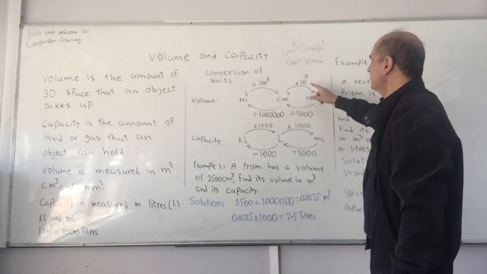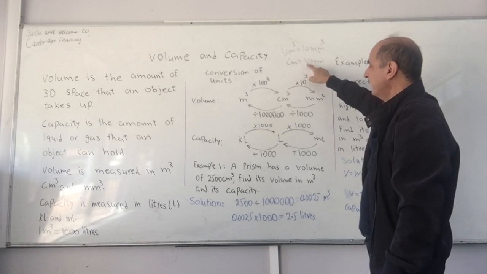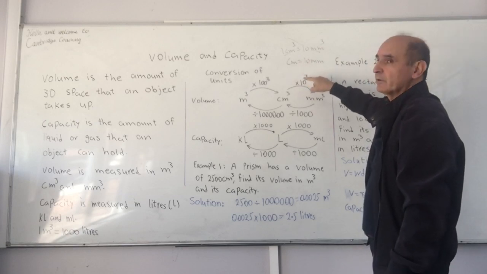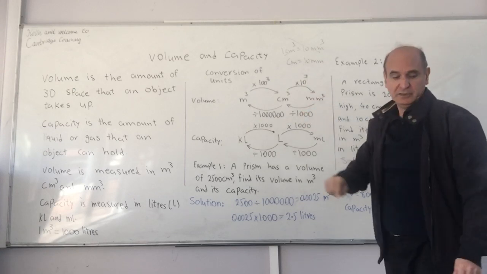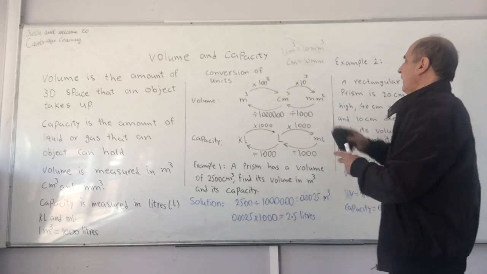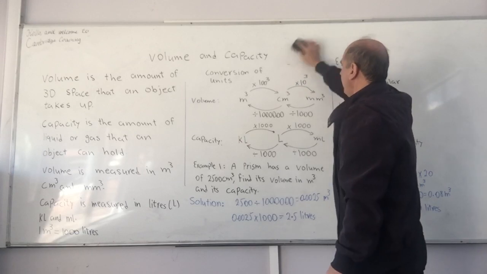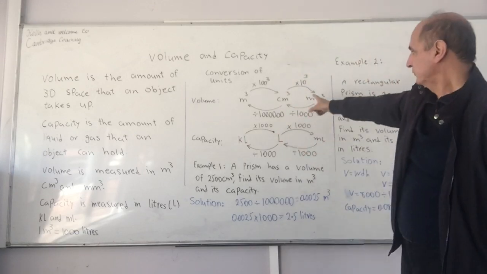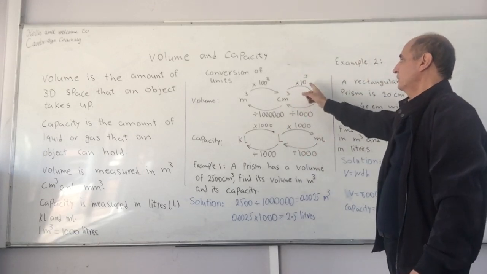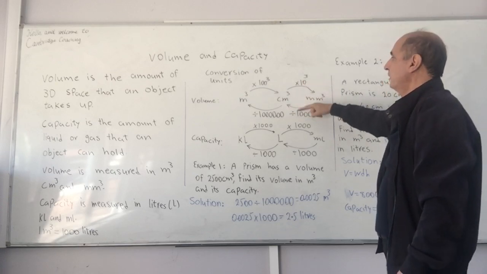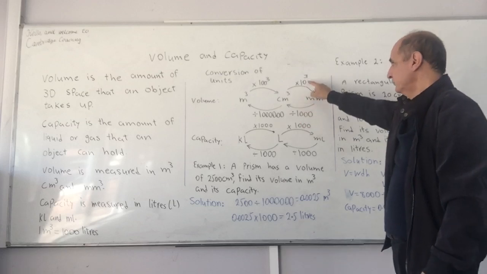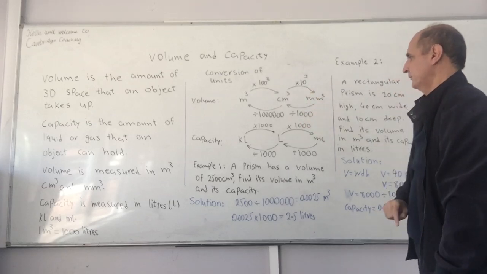But it is the same number for length, cubed. 10 to the power of 3 works out to be 1,000. So going from cubic centimeter to cubic millimeter, times by 10 to the 3 or 1,000. Going backwards, divide by 10 to the power of 3 or 1,000.